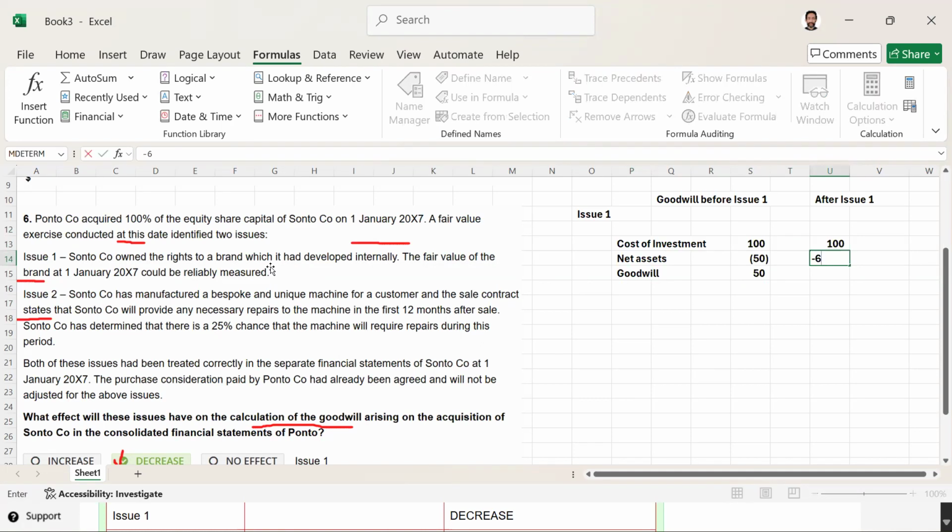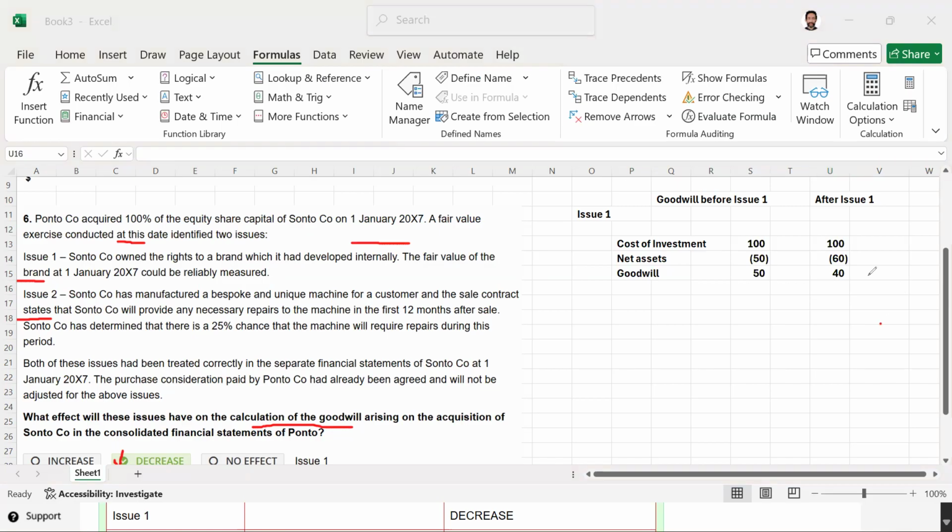So with that, the value of the assets increases and the goodwill decreases. The goodwill has actually gone down. The fair value of the net assets has increased, and the goodwill goes down. From 50, it has become 40.